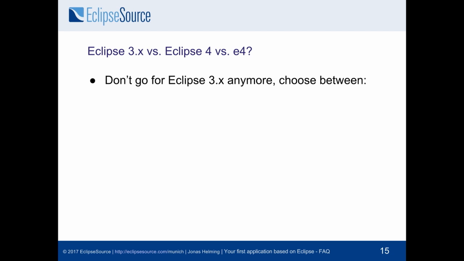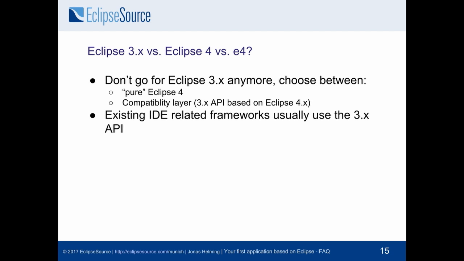Now, what should you do? You should not go for 3.x anymore, meaning you should not use old versions because they are not maintained anymore, and you will not get any bug fixes. So if you have an existing application based on 3.x, you should migrate to a new 4.x one using the compat layer. So choices are actually between pure Eclipse 4 and compat layer. Those are the 2 valid choices.